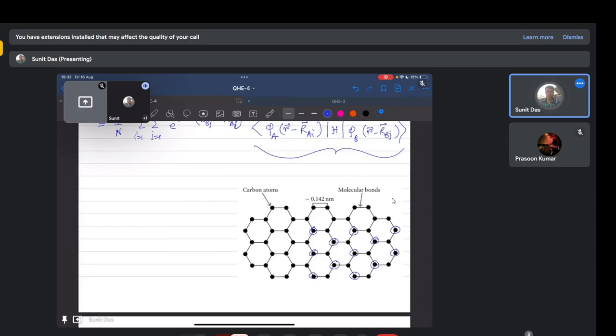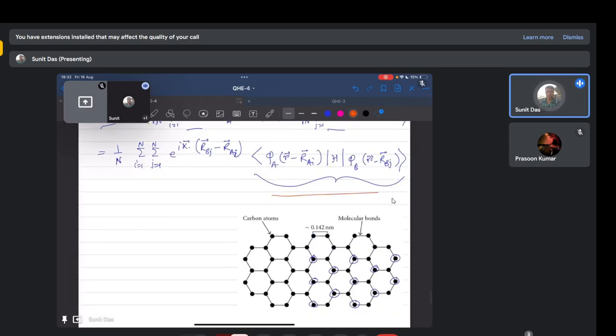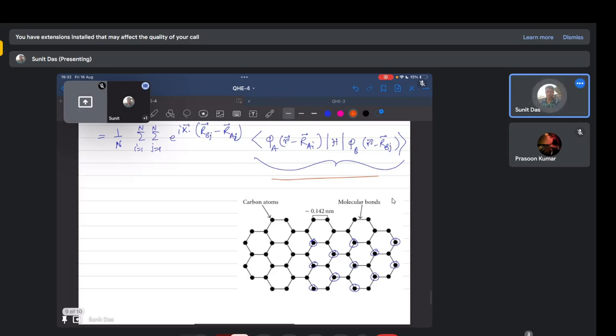Okay, so this is enough. What this bracketed term represents is that it takes overlap with all the A and B type atoms. So this one also, this one also, and then maybe this one also, all possible combinations.